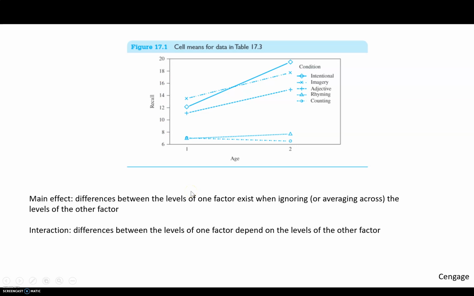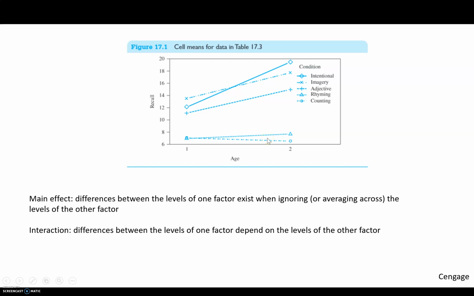Now if you just look at this and try to get a feel for some patterns, first of all, does it look like on average you're better able to remember things if you're in group 2 or group 1? You can get a feel for that by averaging across all of these, and maybe the middle is right about here, and then averaging across all these, and maybe the middle is right about here. You can see that you seem to be better off in group 2, which would be the younger participants.